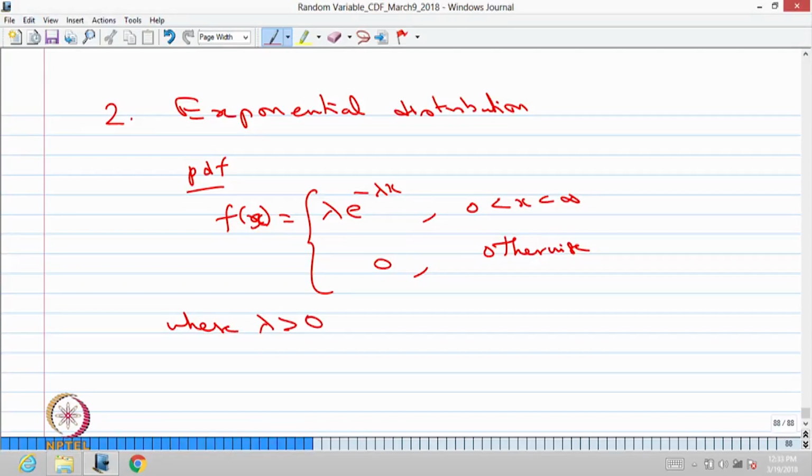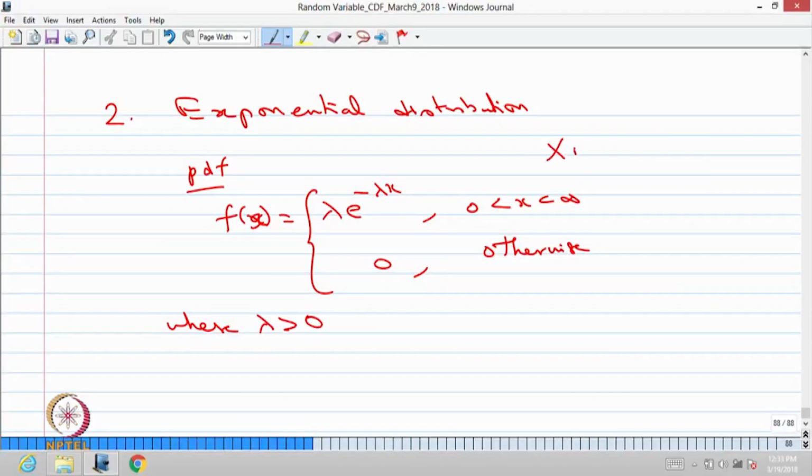Then only it becomes a probability density function, because this is greater or equal to 0 and integration from minus infinity to infinity is going to be 1, because from minus infinity to 0 the probability density function is 0, and integration from 0 to infinity of lambda times e power minus lambda x is going to be 1 when lambda is greater than 0.